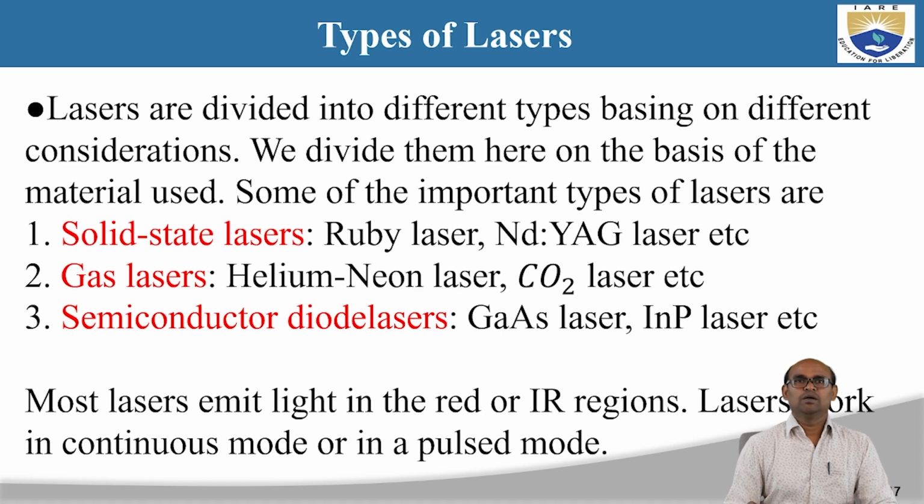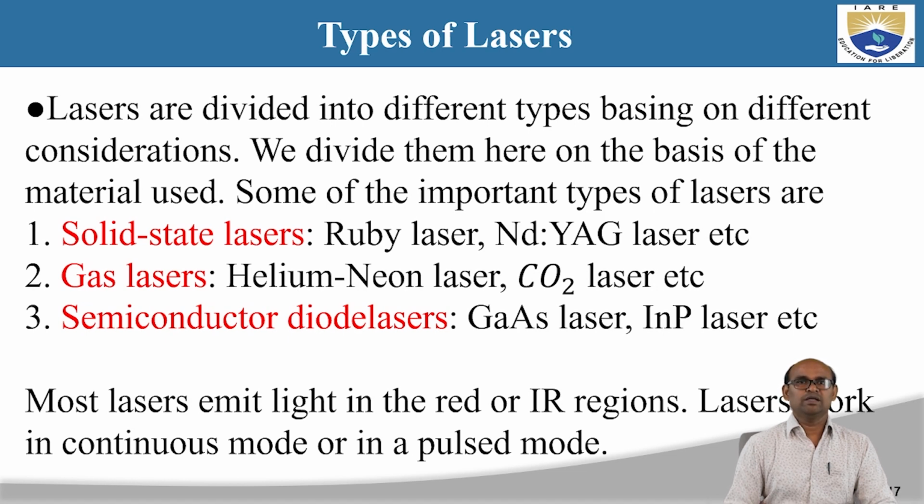For example, solid state lasers, where you have the ruby laser and the neodymium YAG laser as few examples. And gas lasers, where you are going to use gases to fabricate these lasers. In solid state lasers, you are going to use solid materials. In gas lasers, helium neon laser and carbon dioxide laser, right?